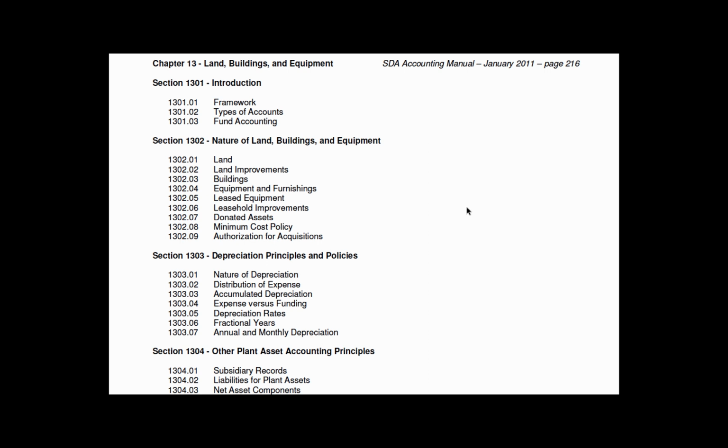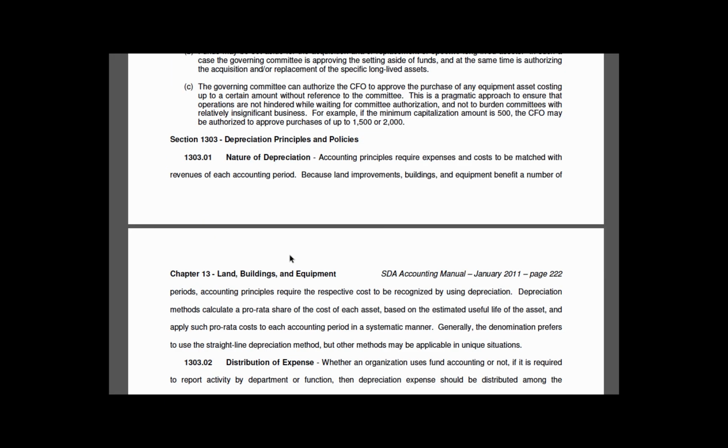And so today's topic is depreciation. So let's just go through the section here in the accounting manual on depreciation and hit some of the high points, and then we'll look at the financial statements on exactly how it appears and the way it's supposed to work.